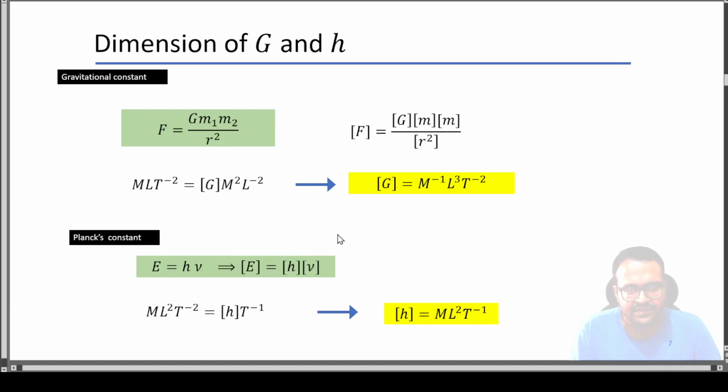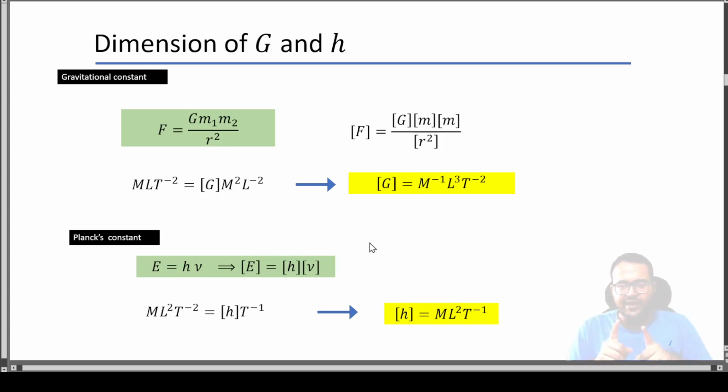So E was related with H as E equals to H nu. Nu is frequency, so the dimension of energy should be equal to dimension of Planck's constant multiplied by the dimension of frequency. So what is frequency? Frequency is 1 by time, right? If I measure frequency, I tell the frequency is 20 hertz.